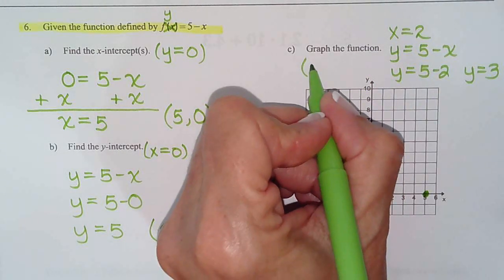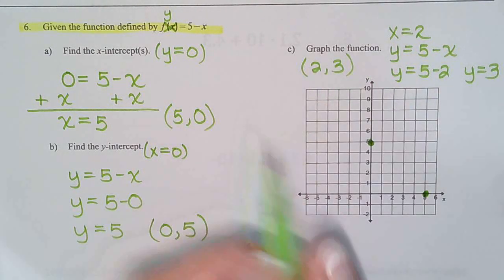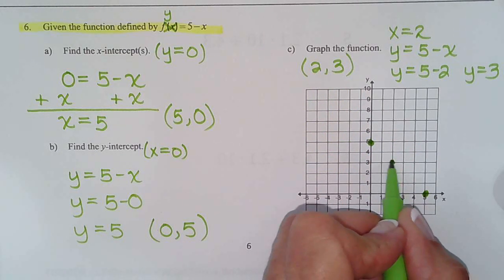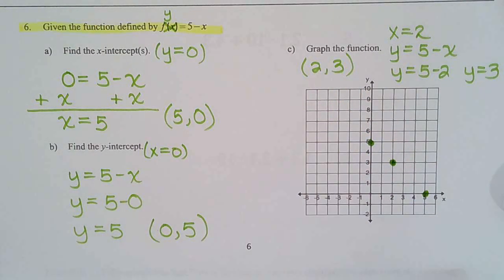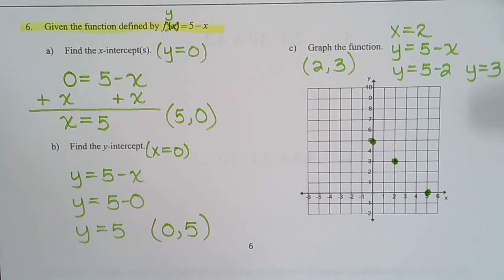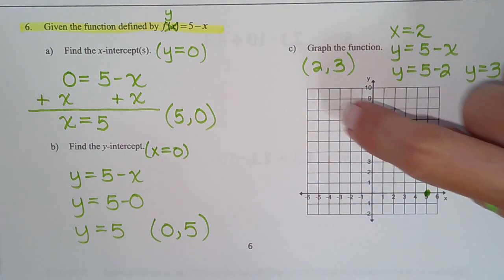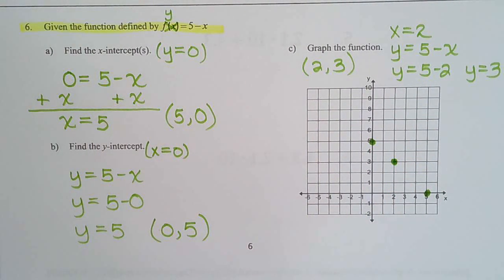So let's see, does the point (2, 3) line up with my points? Over 2, up 1, 2, 3. Ding, ding, ding. So if they did ask for a third point, you just pick any x that's not already picked and just make sure it lines up with those, and then you can connect it.